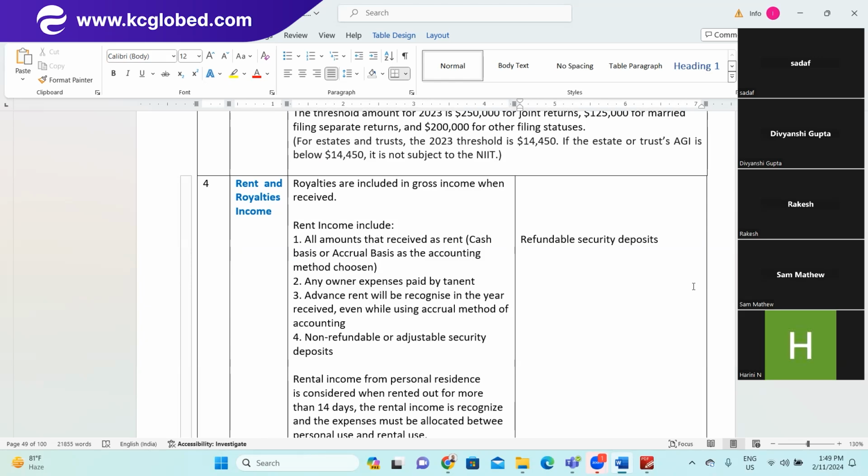Two things. For example, if you are hiring artists for a show, that is considered professional income, not royalty.